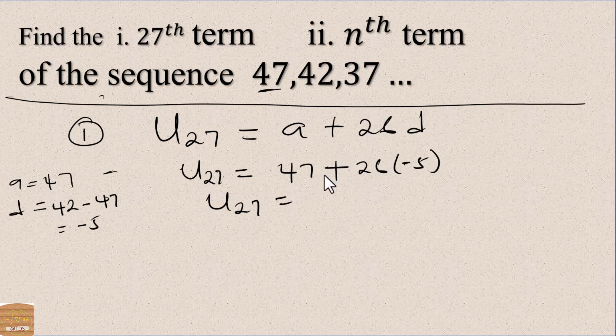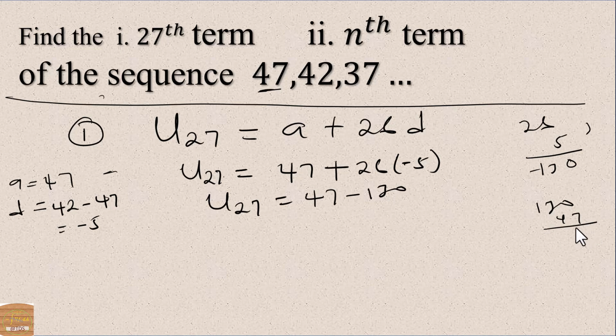So we have 47 minus 130. Let's subtract 47 from that, so we have minus 83.